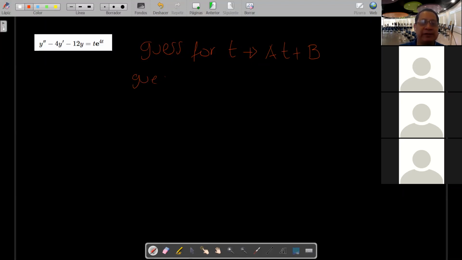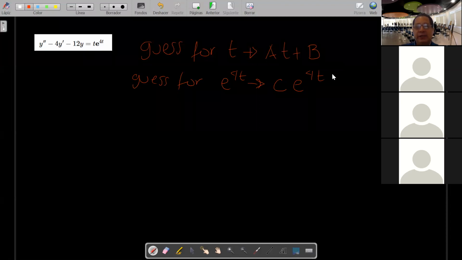And what is the guess for the exponential? It will be something like a coefficient. We have already used a and b, so let's call it c. And this will be our guess.